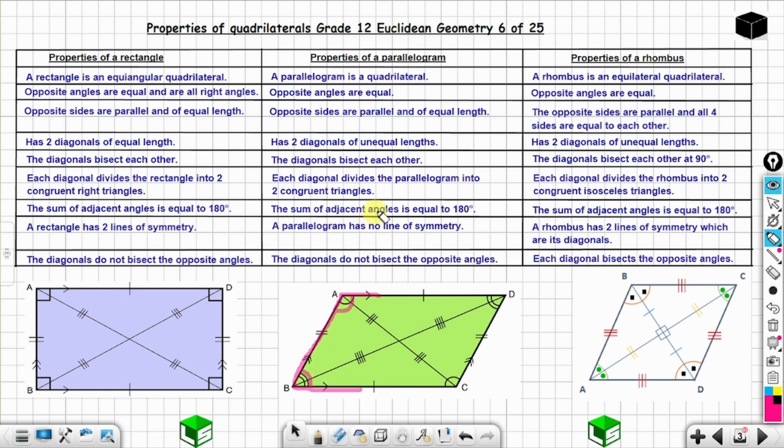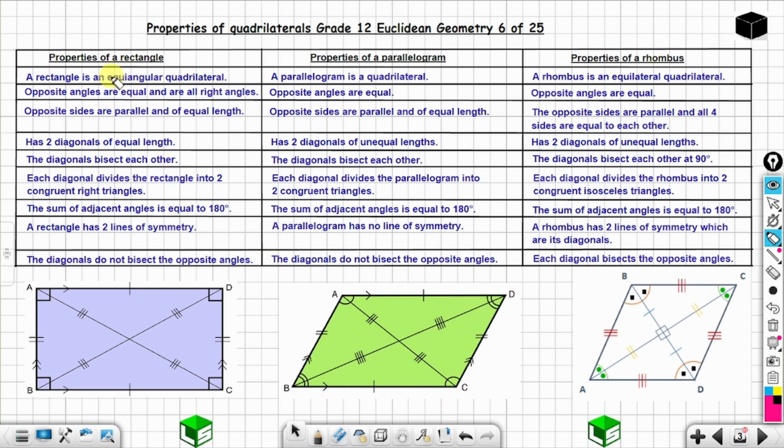Adjacent angles means angles next to each other. You can also check this. This side is parallel to this side. So this angle plus this angle, you're going to have 180 degrees. You can go around, you're going to see that.